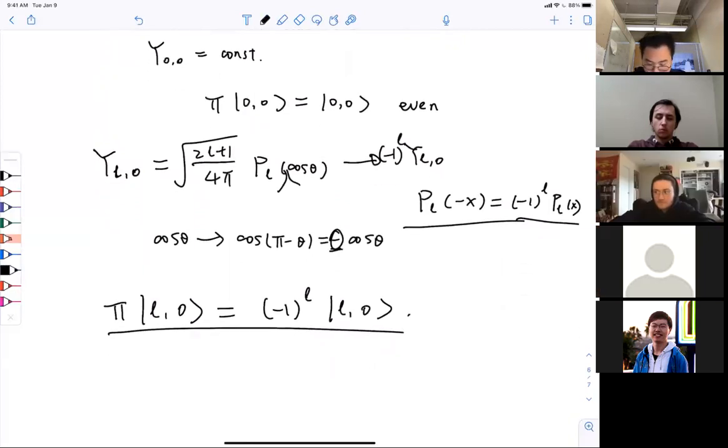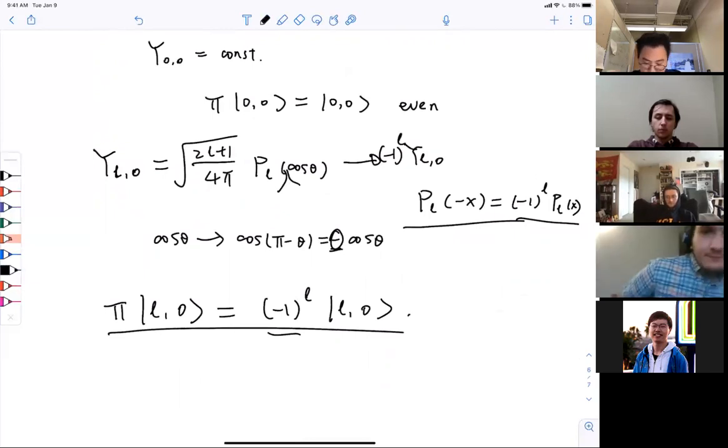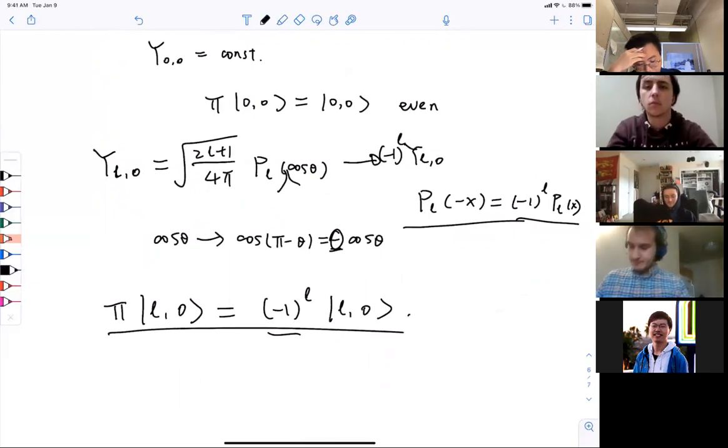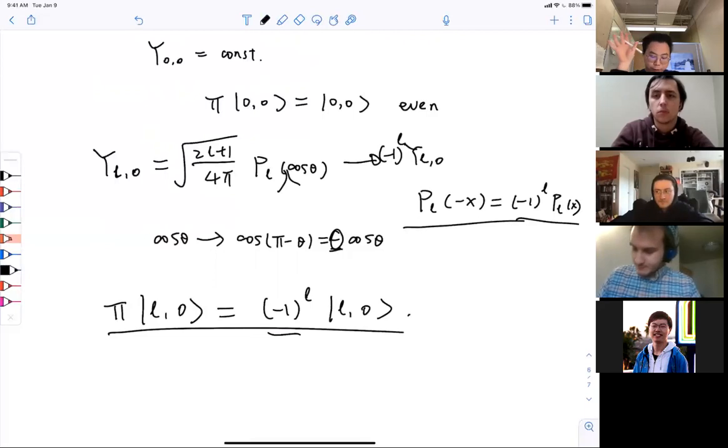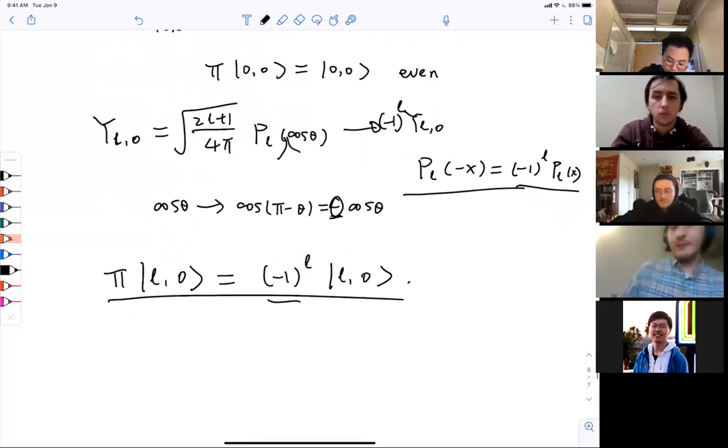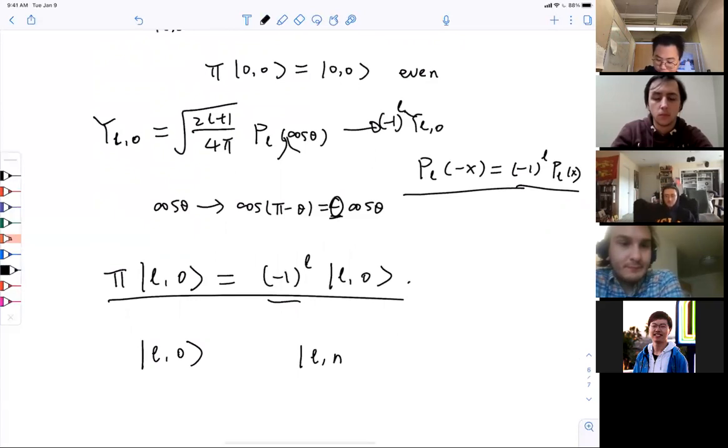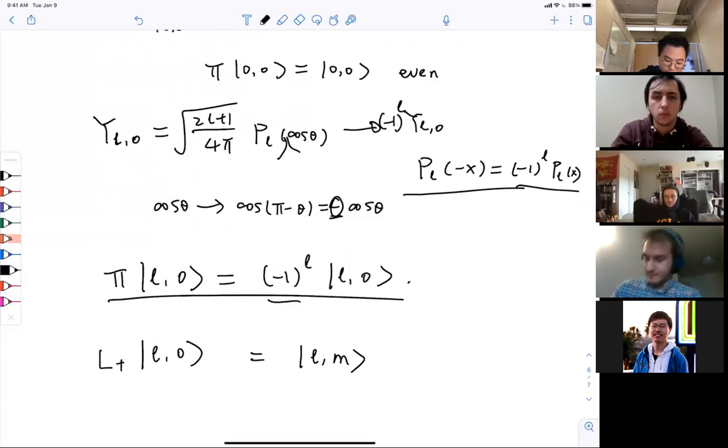So L equal to 0 is an even parity state. L equal to 1 is an odd parity state. I'm pretty sure you can also look up the shape of the wave function and get some idea from the pictures. So this L0 has the same parity property as the LM, right? Because LM can be obtained by acting with L plus and L minus on this L0.